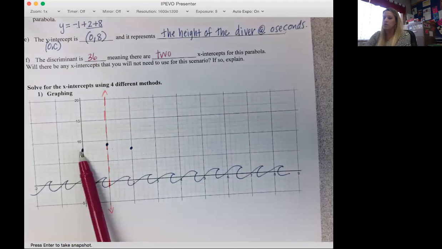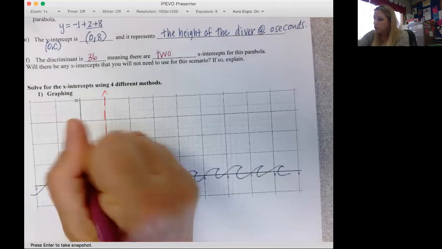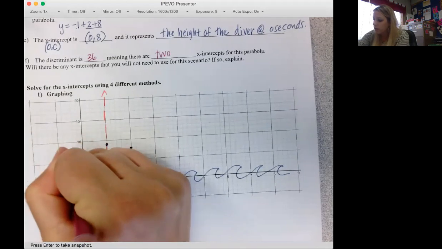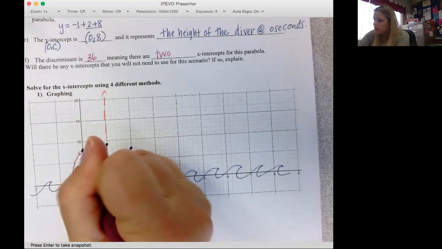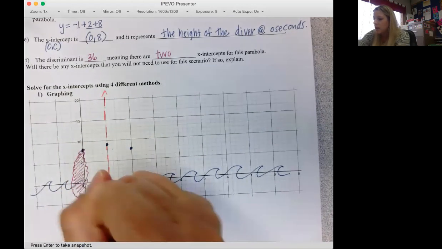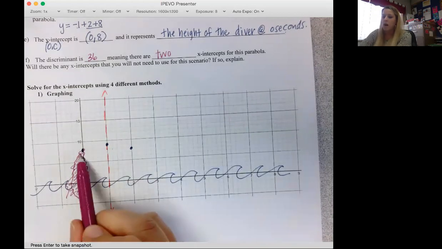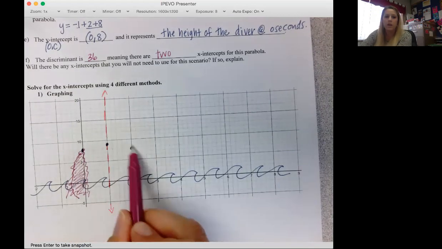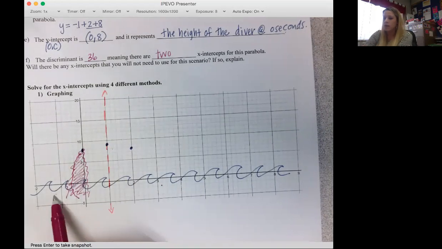This is where he is starting on the cliff. So if we draw a little cliff here, okay, and this person is jumping off of this thing here, whatever that cliff is. If they're jumping off of here and they're going this way, then there should be one that we're not going to use. We're not going to use the one that's in the negative.